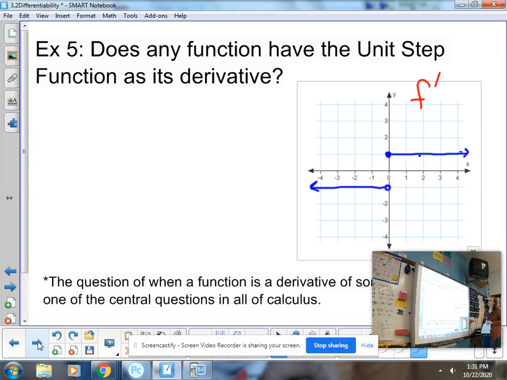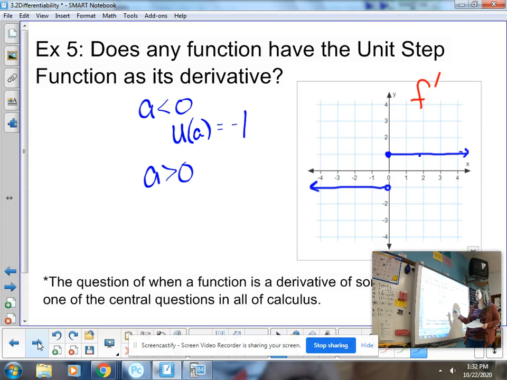So here, does any function have the unit step function as its derivative? That would be, for all negative numbers, -1. For all positive numbers, including 0, that would be a +1. This is the unit step function. And the answer to that is no, because if you have some value that's less than 0, you're going to get back -1.